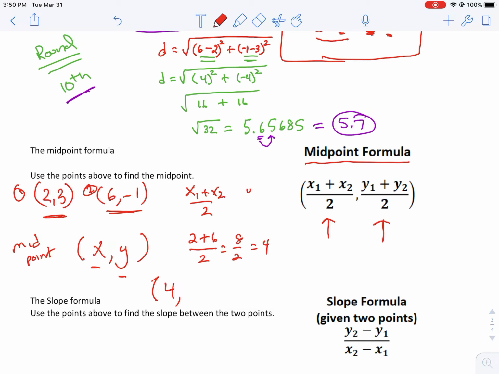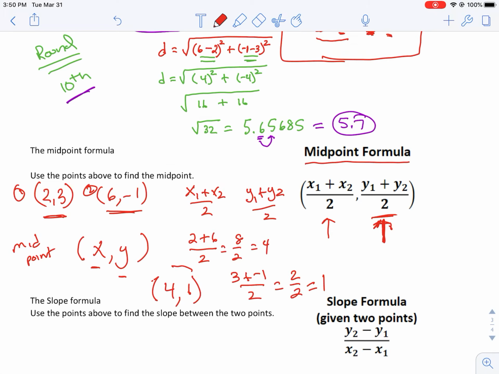And now I'm going to do my y1 plus y2 over 2. That's this part right here. And so the y of the first point is 3 plus y of the second point, which is -1, over 2, which is 3 plus -1 is 2 over 2, which is 1.